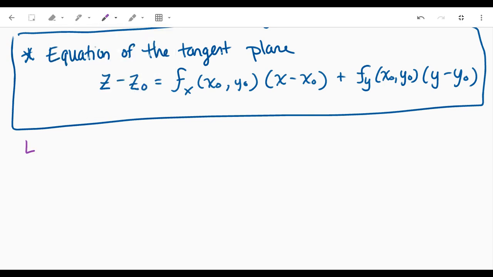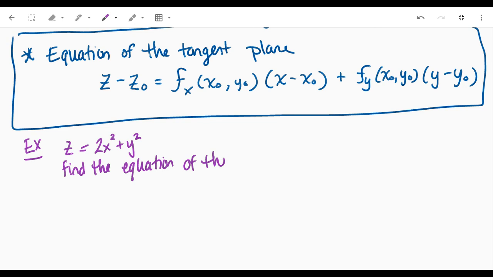Okay, so an example, we have z equals 2x squared plus y squared. We want to find the equation of the tangent plane at the point 1, 1, 3.